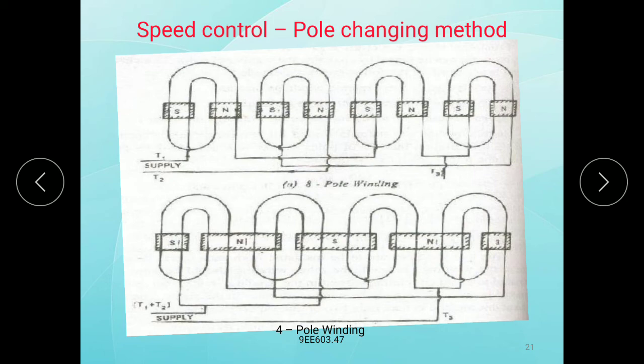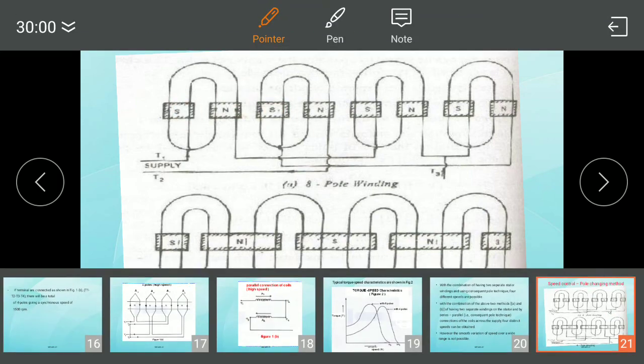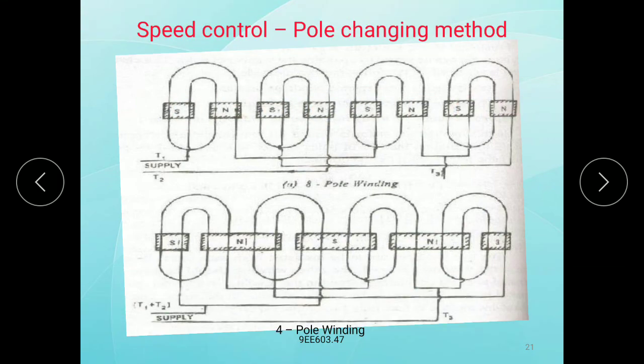So this is the 8-pole connection, and this connection gives the 4 poles.